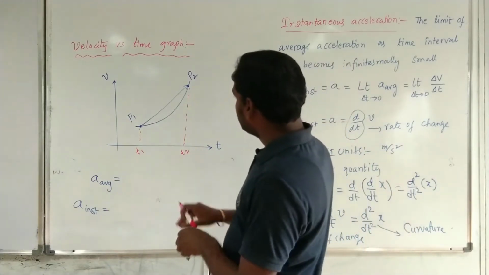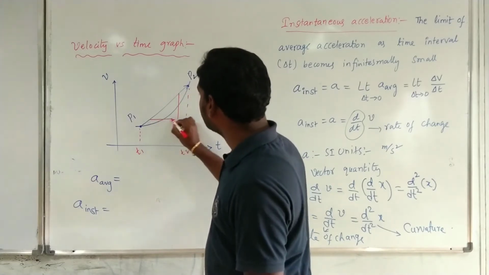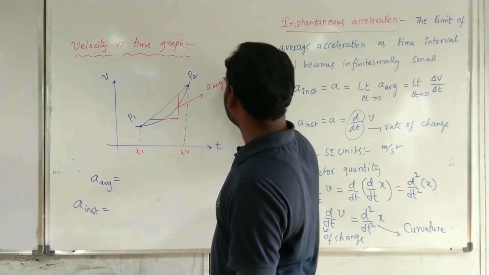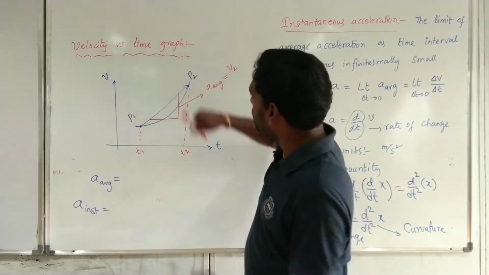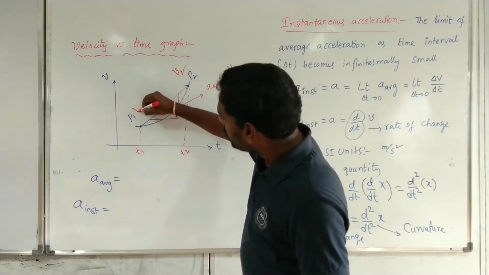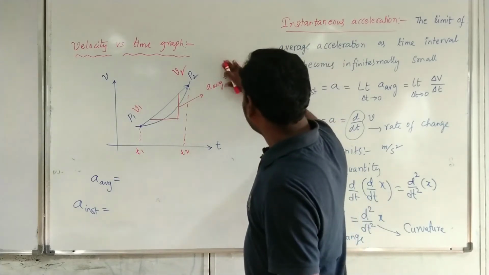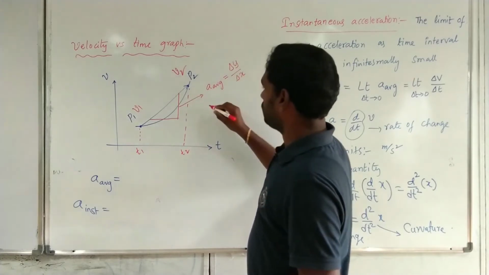The slope of the line connecting p1, p2 points gives us average acceleration. That average acceleration is equal to velocity at time t2, which is v2, and velocity at time t1, which is v1.